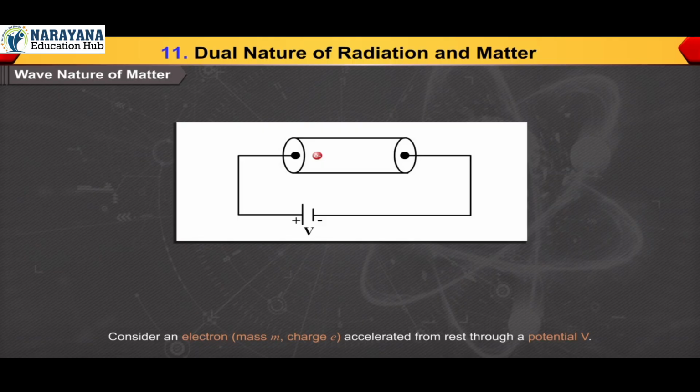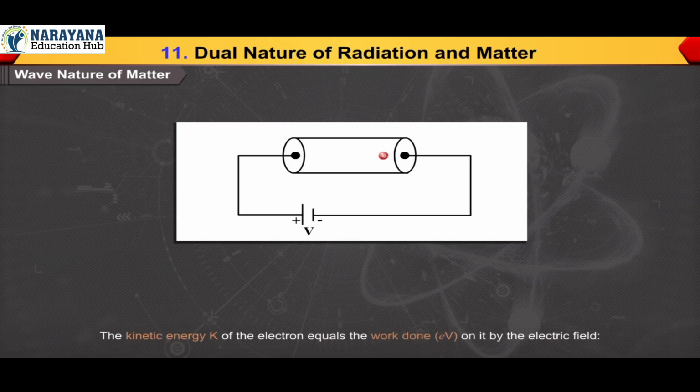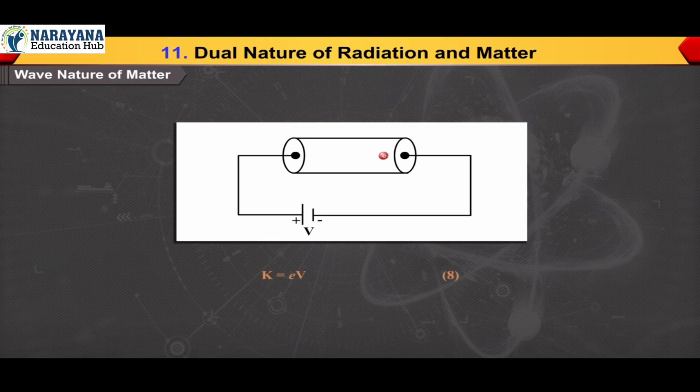Consider an electron of mass m, charge e, accelerated from rest through a potential V. The kinetic energy K of the electron equals the work done eV on it by the electric field. K = eV, equation 8.